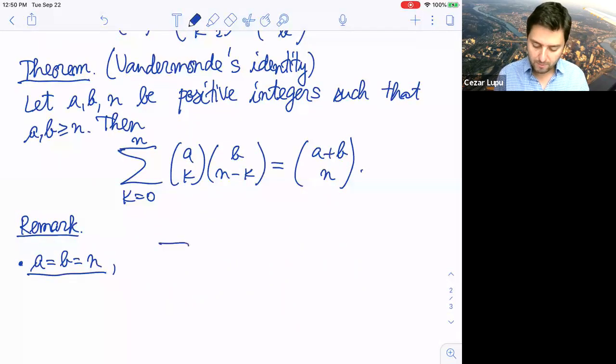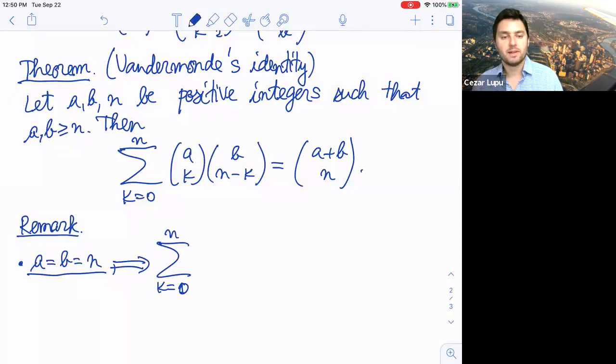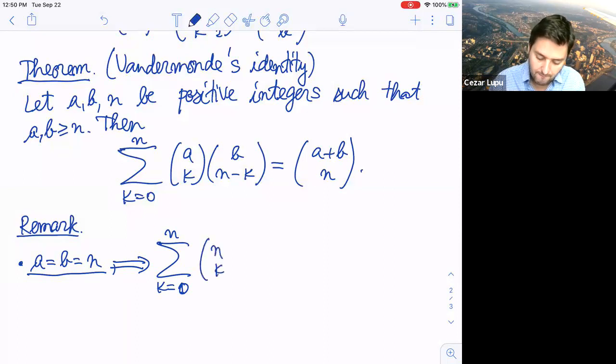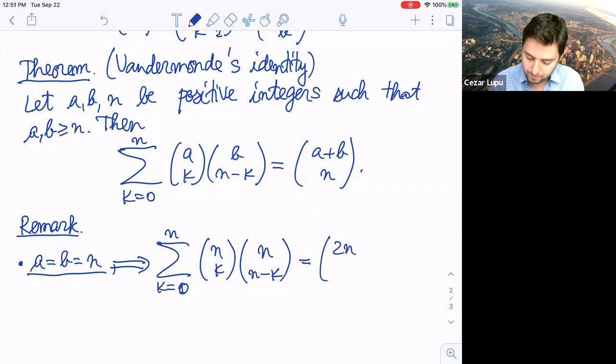We will obtain the following: the sum of N choose K times N choose N minus K equals 2N choose N. But here, if you look at this, these two are equal.